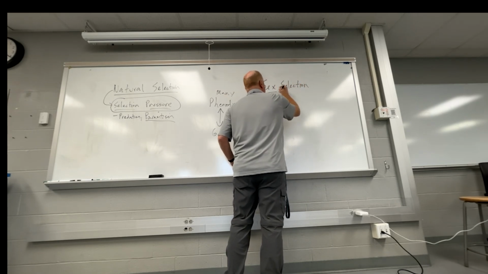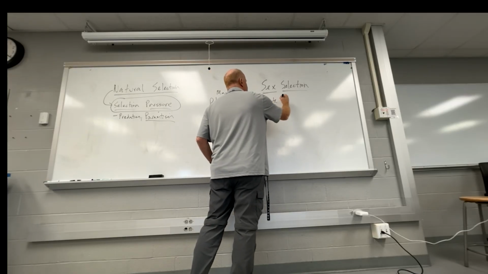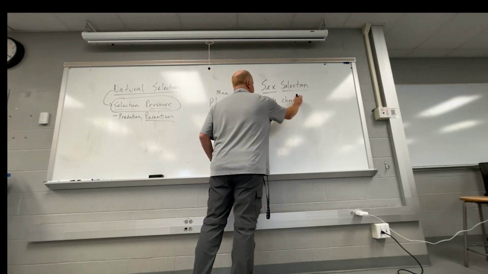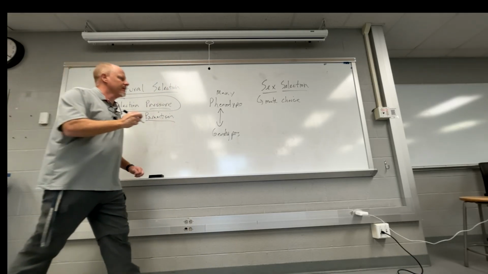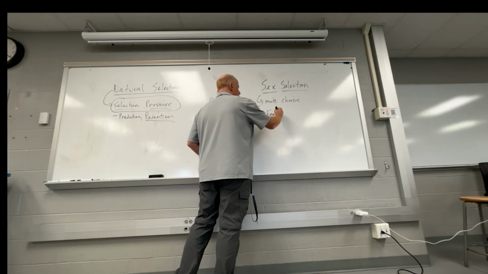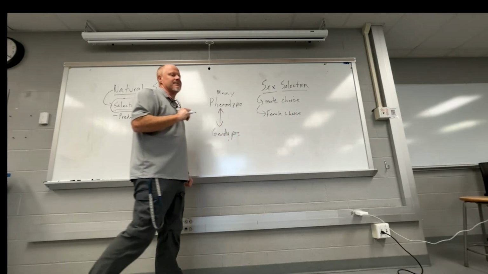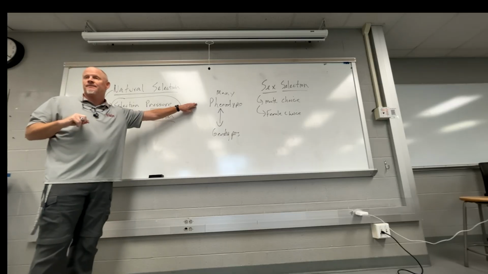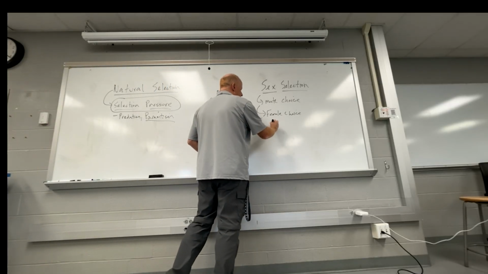Right? This is a different type of evolution where there is mate choice. Your mate chooses what he or she wants to breed with. The most common type of mate choice for us is female choice, where the females are choosing males based on some phenotype. Okay? The phenotype here is singing.